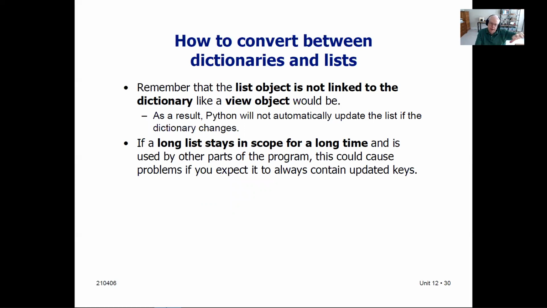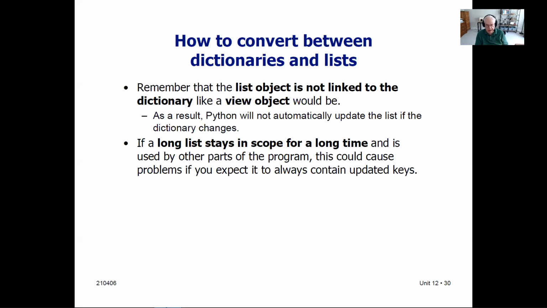As long as it is a list, it is not linked to your dictionary. One of the things that's important about that view object is that it is linked. So you will want to turn that list back into another dictionary, or not make any changes in that list.